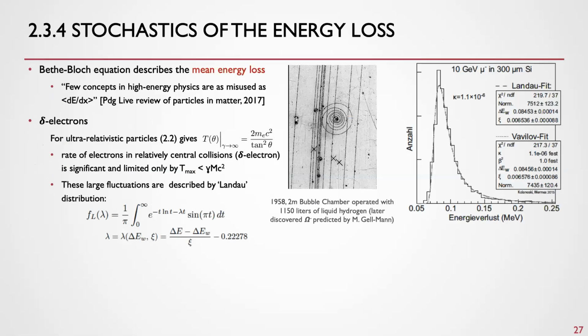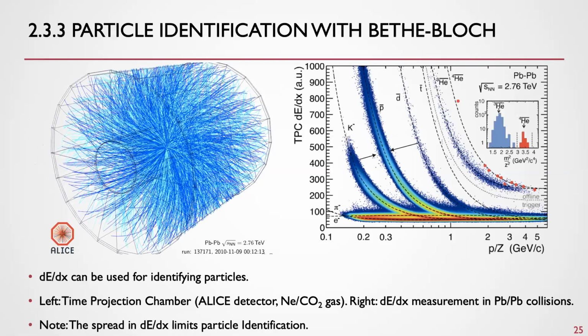Okay, but now let's talk about the shortcomings. Because the energy loss has very unfavorable stochastics. Look at the spread here. The spread of the energy loss is actually significant, and all the way down here, those energy loss regions per particle overlap, and we cannot tell the particles apart anymore.